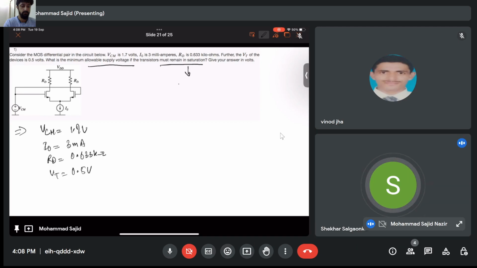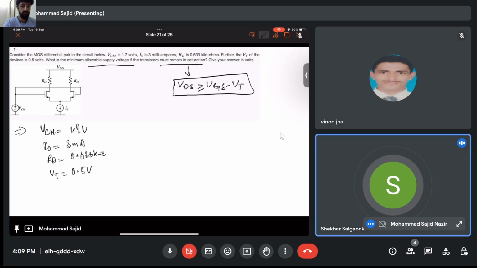For saturation, we have the condition VDS should be greater than or equal to VGS minus VT. Using this condition, you have to calculate the value of VDD. I think you have calculated VDS. You have to calculate what is the value of VDD. Try it once more, then let me know your answer.